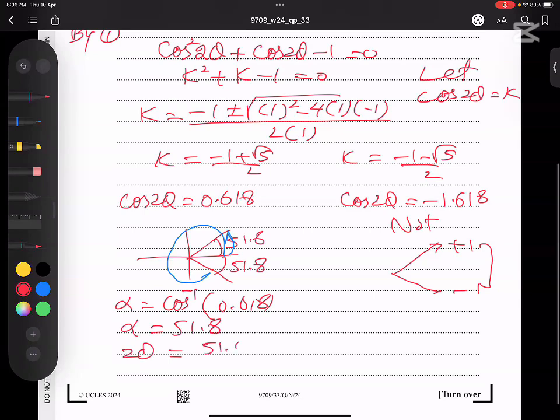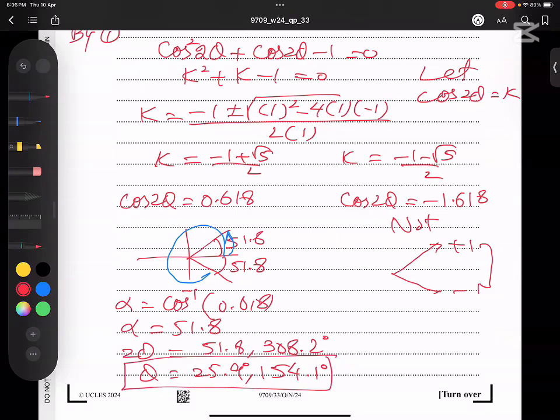First answer 51.8, second is 360 minus this, which is 308.2 degrees. Now I divide both angles by 2. Dividing the second one gives 154.1 degrees, and 51.8 divided by 2 gives 25.9 degrees. I hope the concept is very clear. We have done this question: first the proving part, and later on we got the angles very well. So alhamdulillah, let's go for the next question.